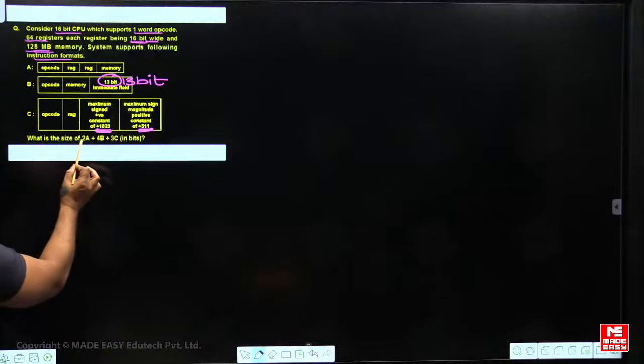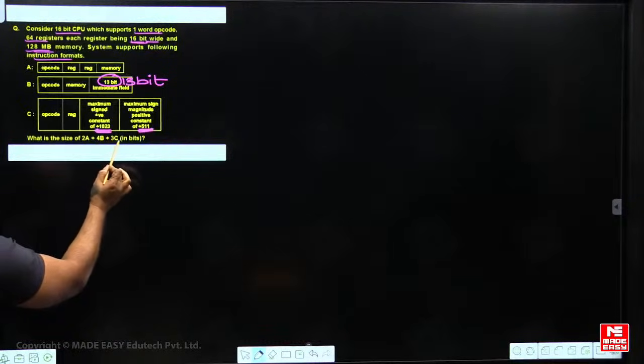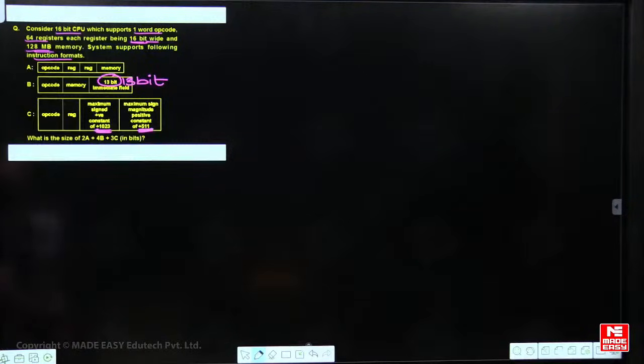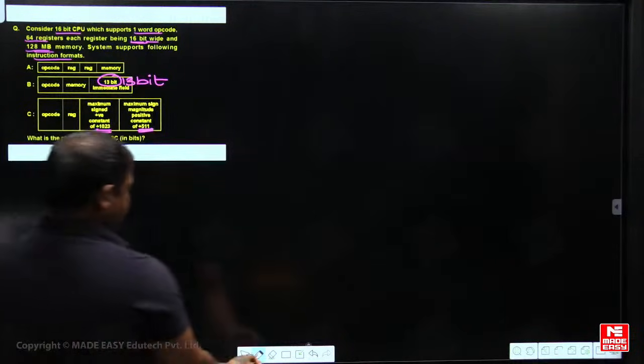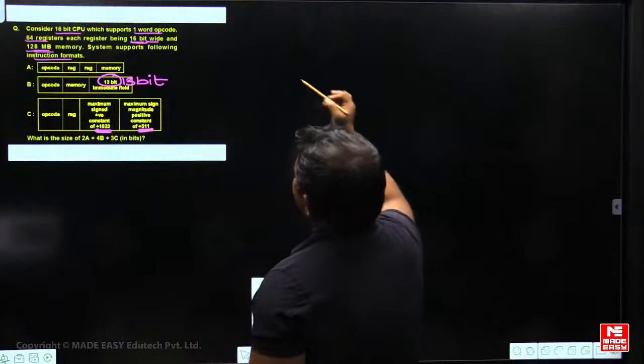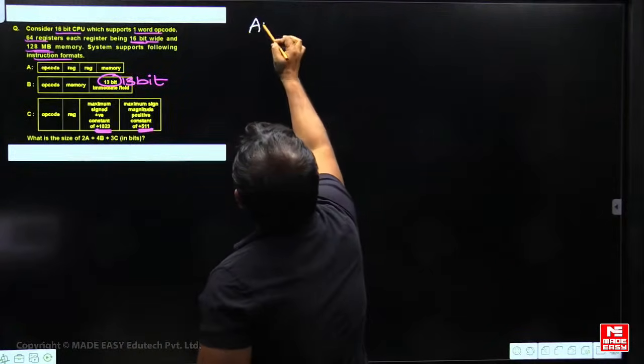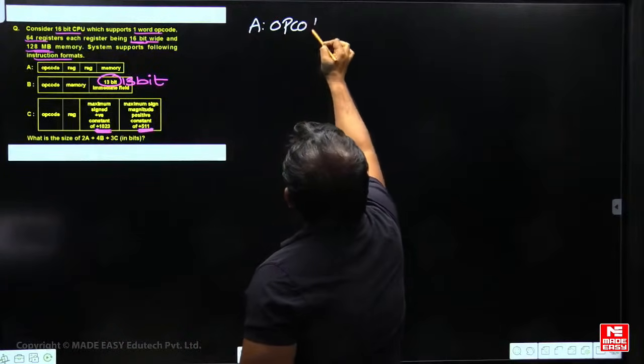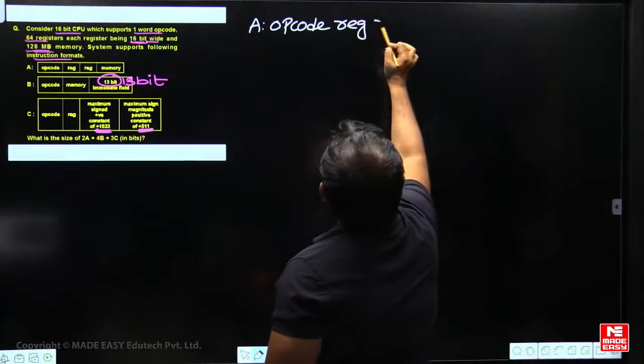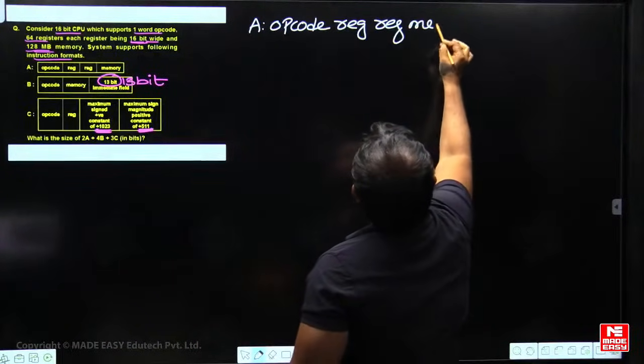What is the size of 2A plus 4B plus BC in bits? Give the answer quickly.